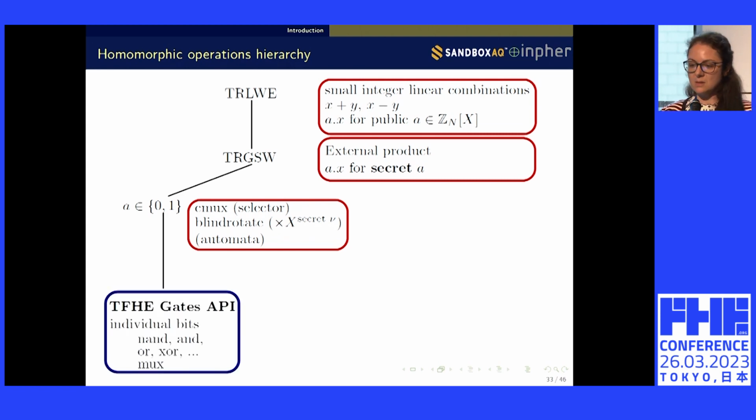That gives us the TFHE gate API with the evaluation of the individual bits, so NOT, OR, XOR, etc.